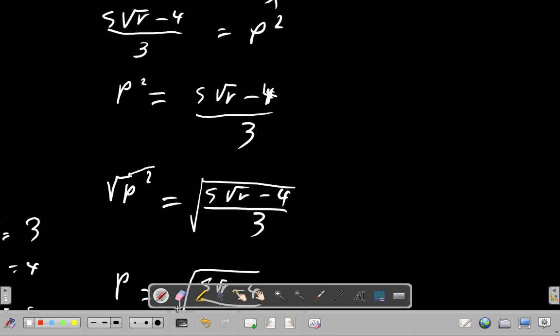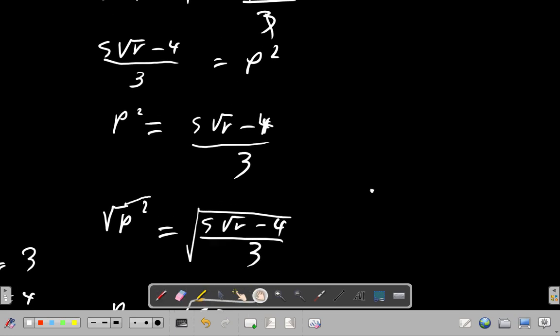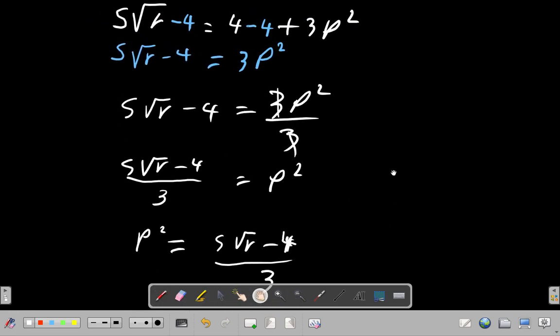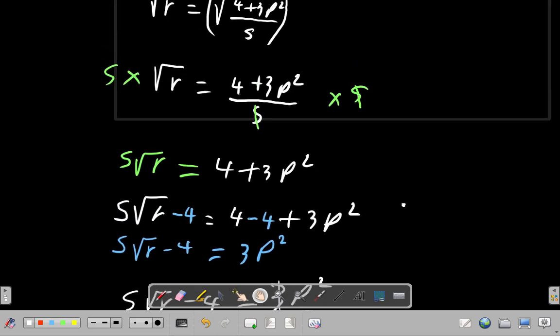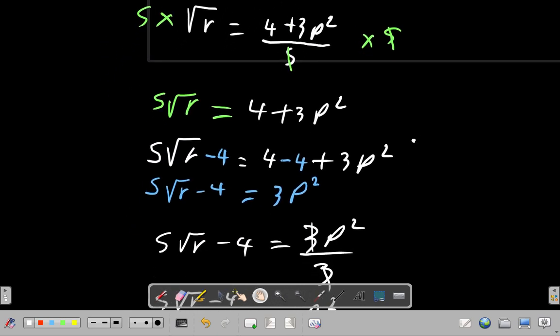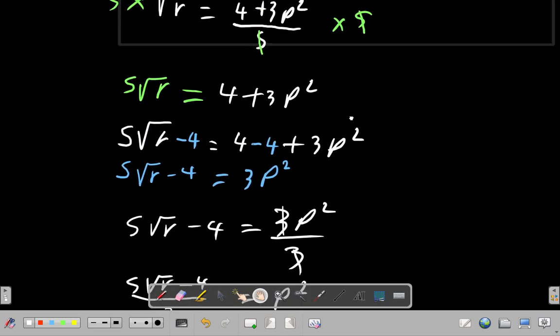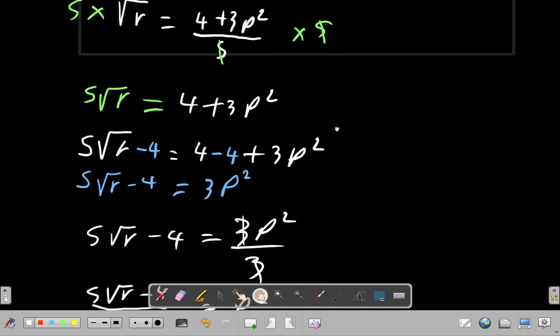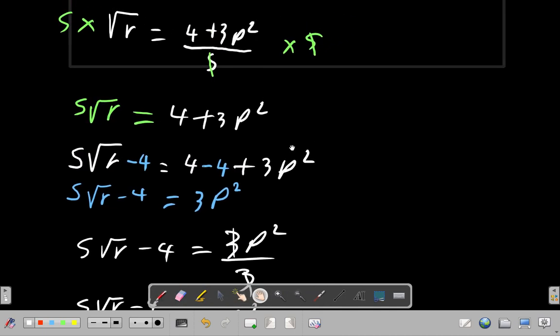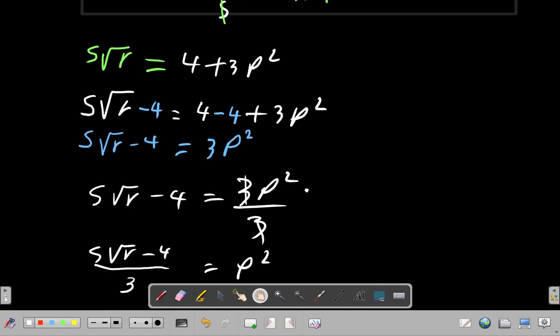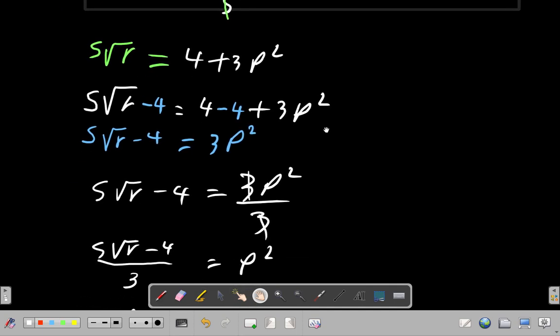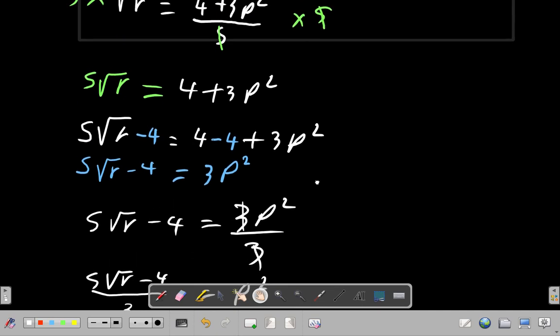Now, here, let's look at something. You might be saying, why would you subtract 4 and then divide by 3? Couldn't you have divided by 3 first and then subtracted 4?